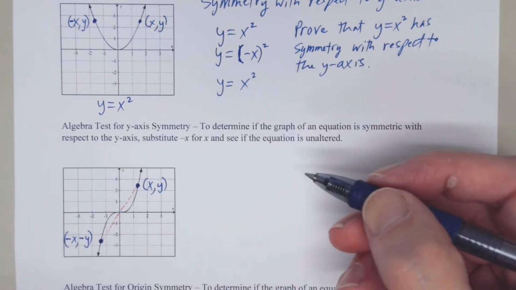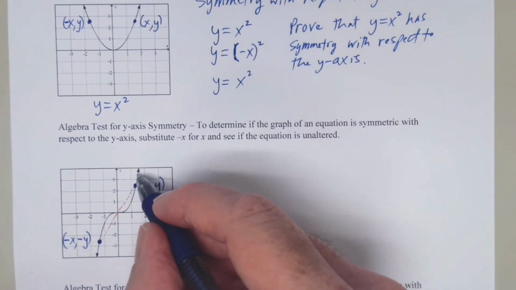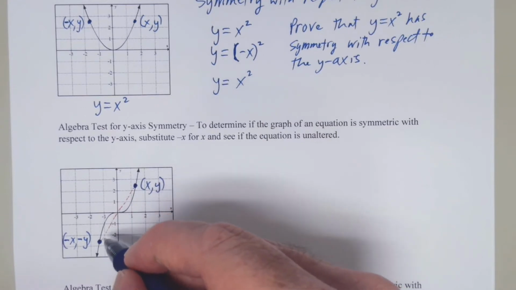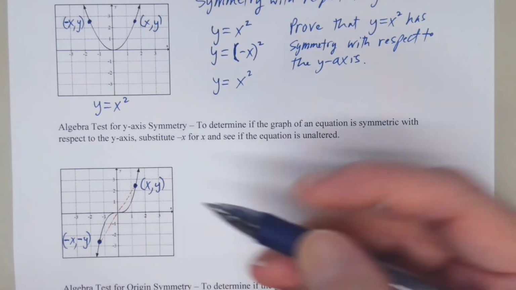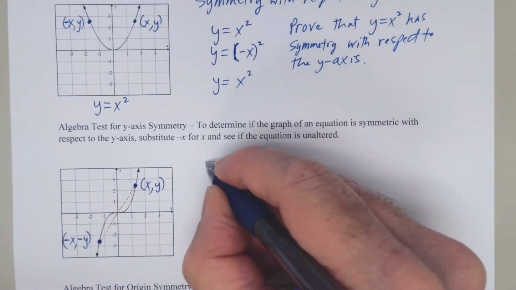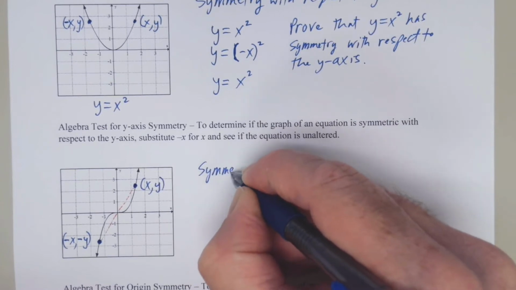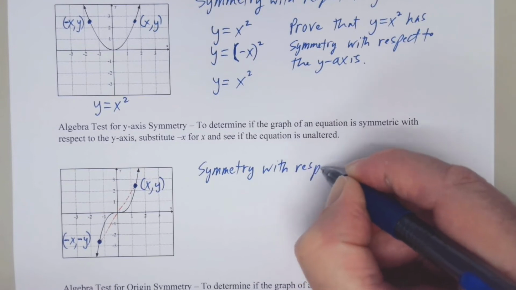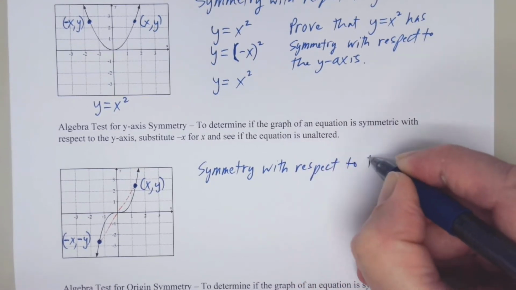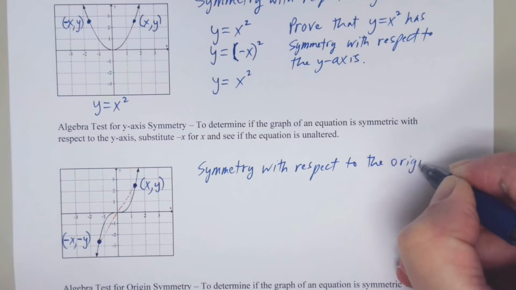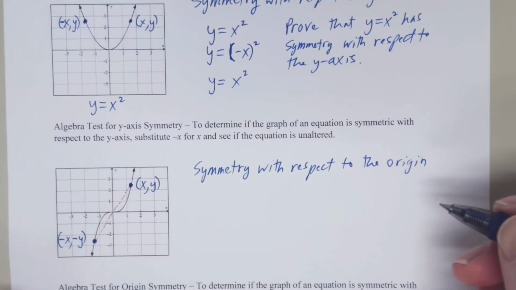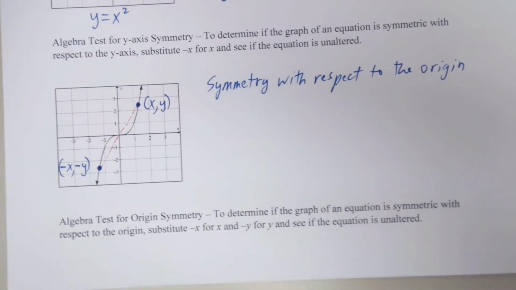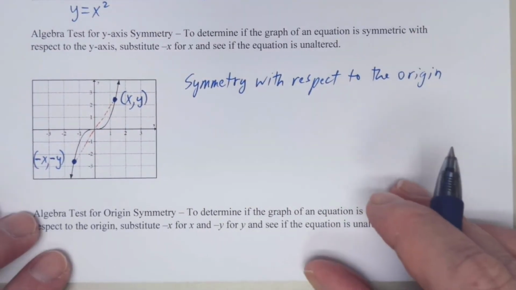And so for any point I choose over here, if I draw a line through the origin, on the opposite side I'll find another point. This is what we call symmetry with respect to the origin. And just as before, we have an algebra test that we can use to prove that we have symmetry with respect to the origin.